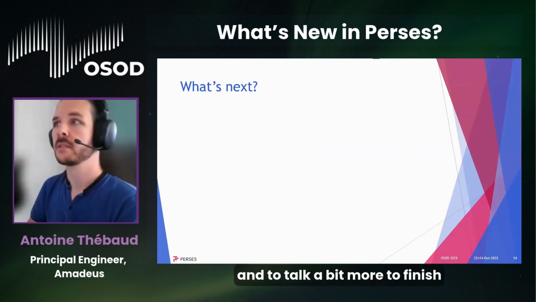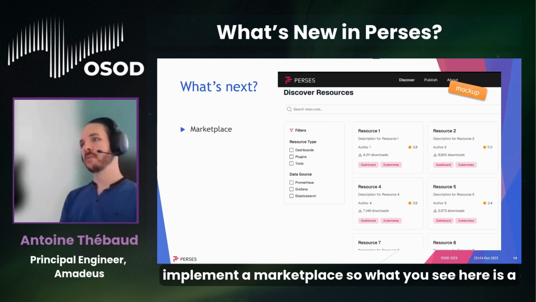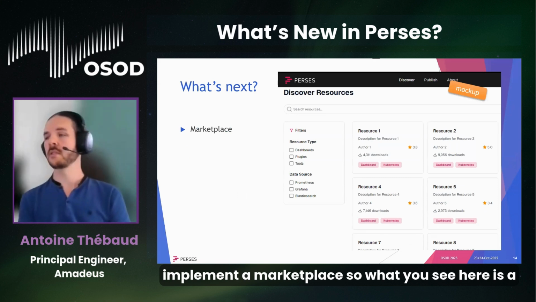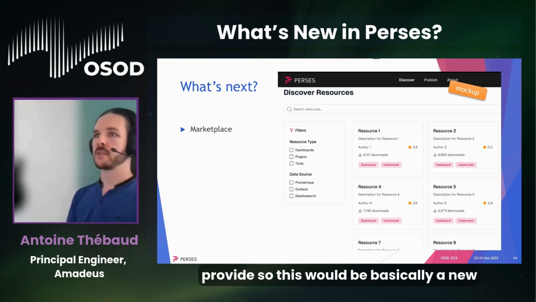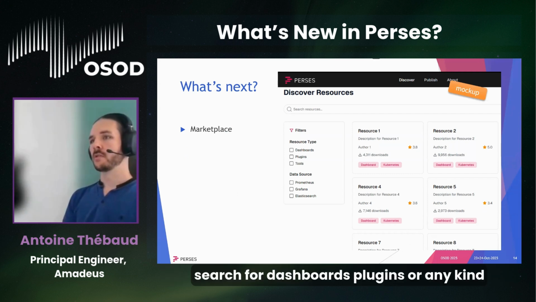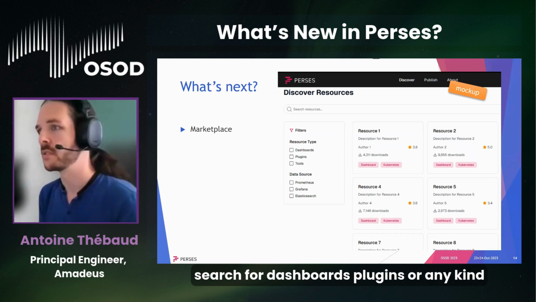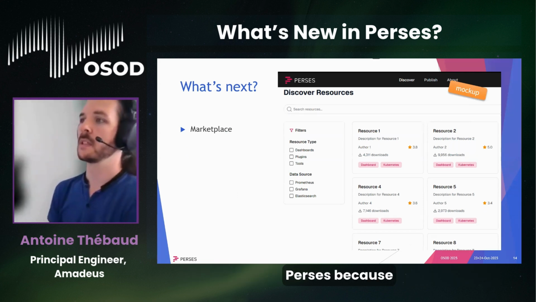And to finish, let me talk a bit more about what's next for Perses. The next big topic is to implement a marketplace. What you see here is a mock-up of what we want to provide. This would be a new website where you would go to search for dashboards, plugins, or any kind of objects or community contributions around Perses.